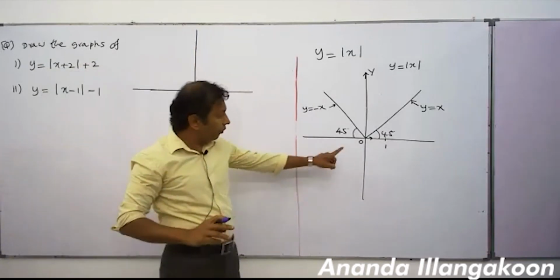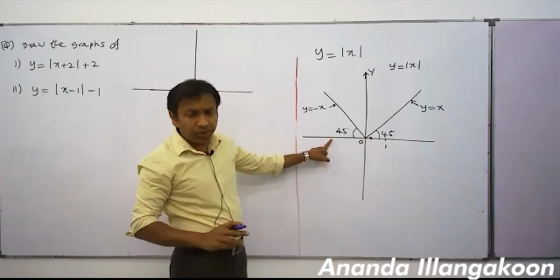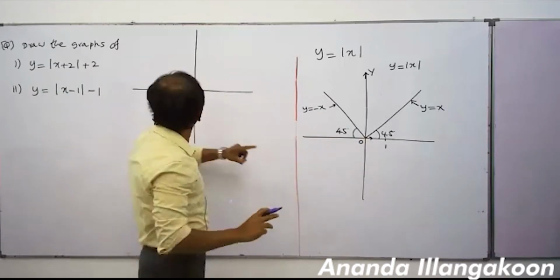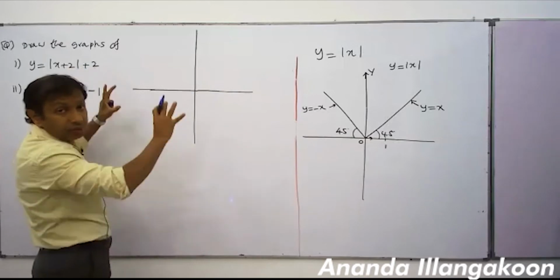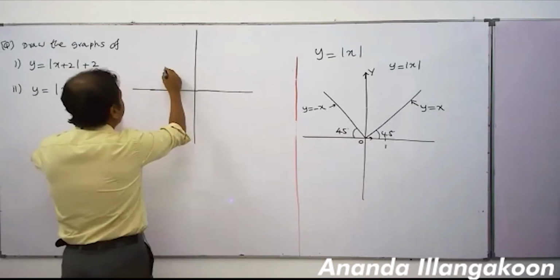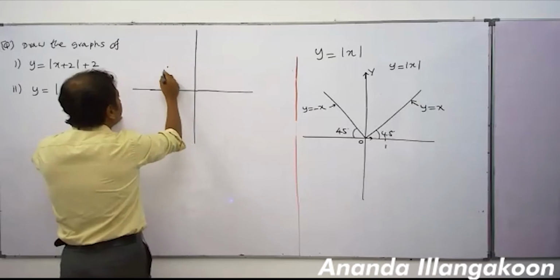This vertex comes to the left by 2 units because of this 2 added, and since this 2 is added, that graph is going up another 2 units. So therefore, the vertex will be at this point.